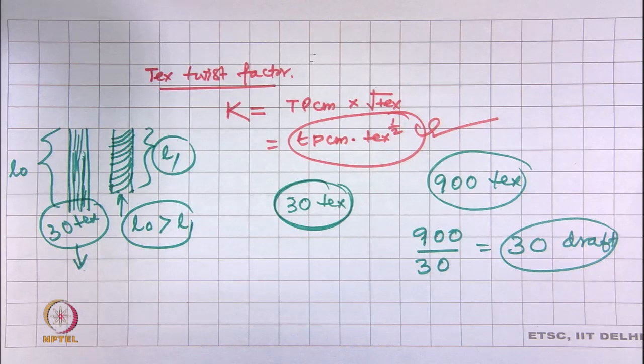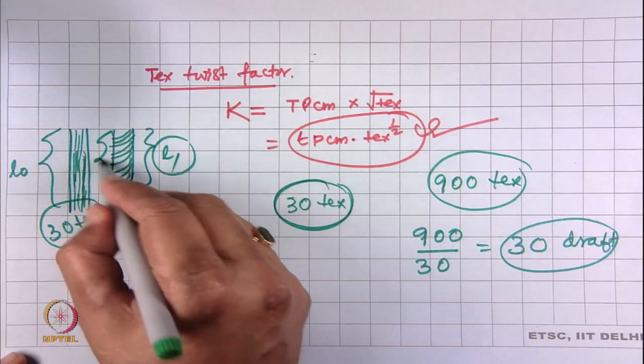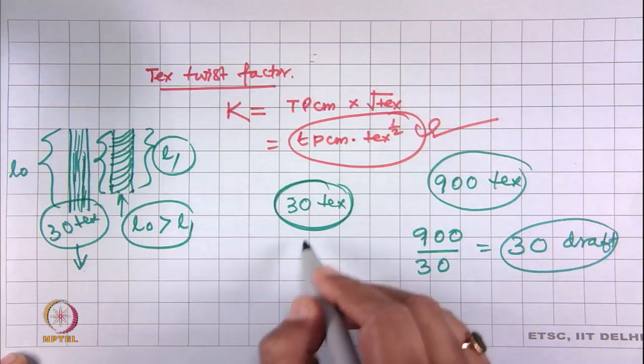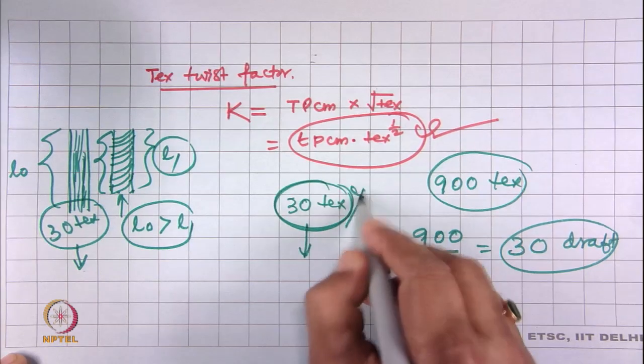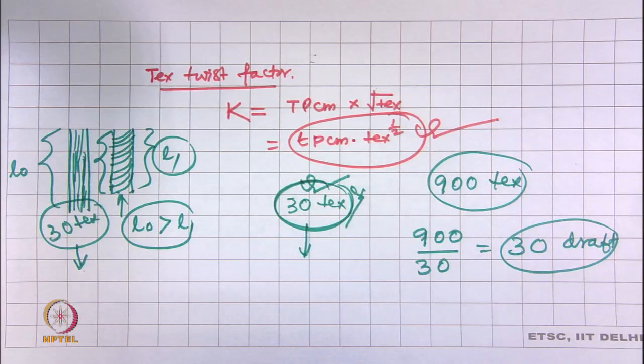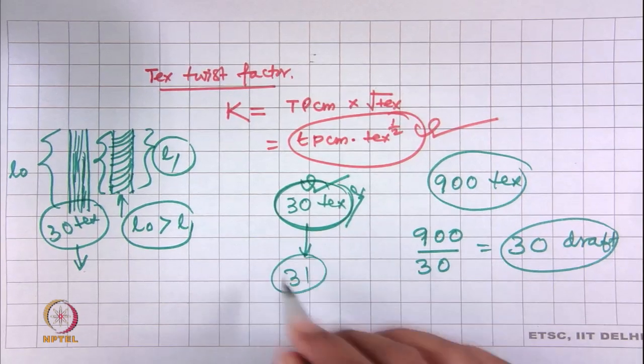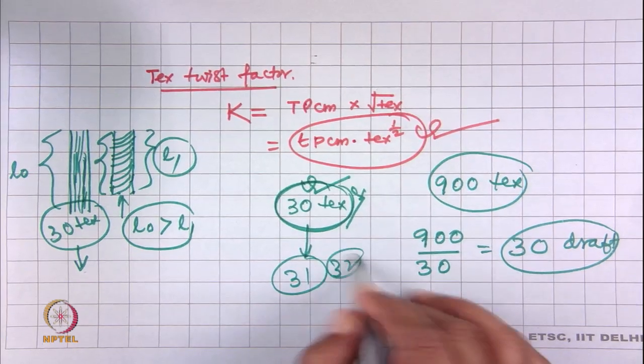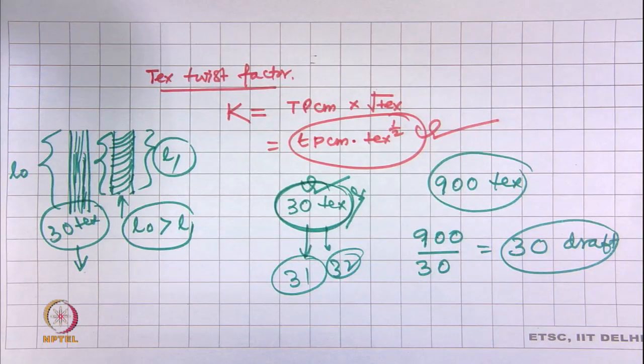If the length is contracted, that means the final tex value will be higher than this value. That is why we have done some wrong calculation, and it will be say 31, 32 tex, somewhere higher than this, and that is because we have not taken contraction into consideration.